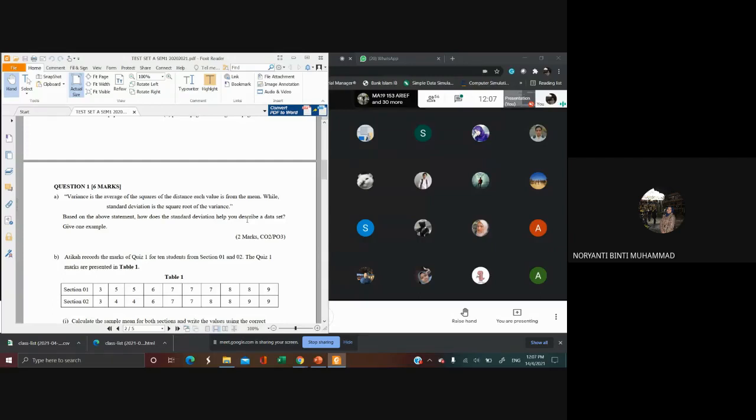So if the question is, based on the above statement, how does standard deviation help you to describe the data set, you should answer based on your understanding. I think there's no concrete statement.